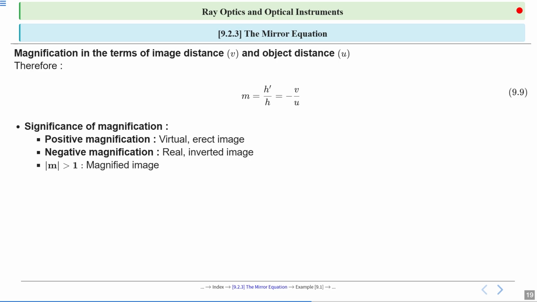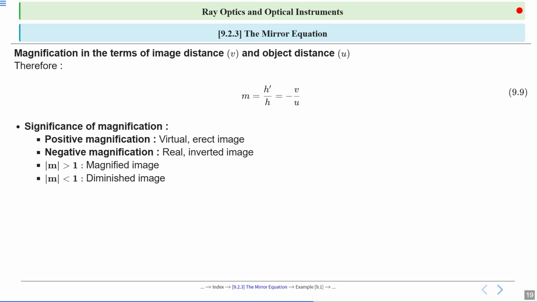Now the magnitude of magnification M. If it is greater than 1, that means the image is magnified. Okay, it is the ratio of image height to object height. If it is greater than 1, that means the image is magnified. The size of the image is more than the object. And the magnitude of magnification is less than 1, without considering the sign, it means the image formed is smaller in size, or we can say a diminished image.